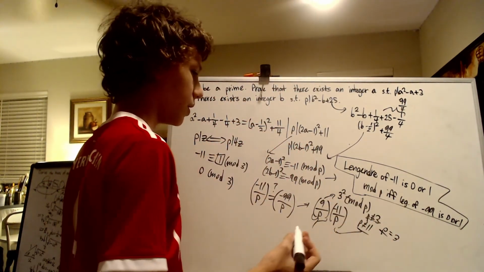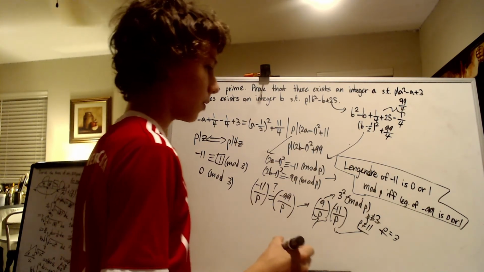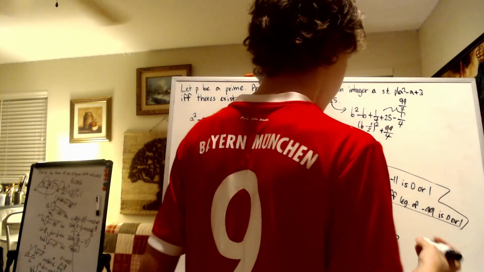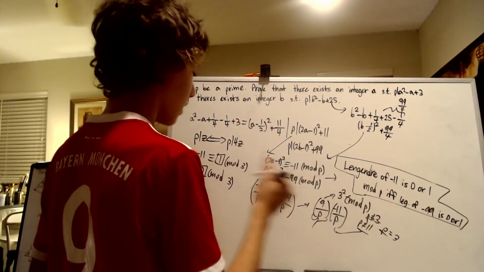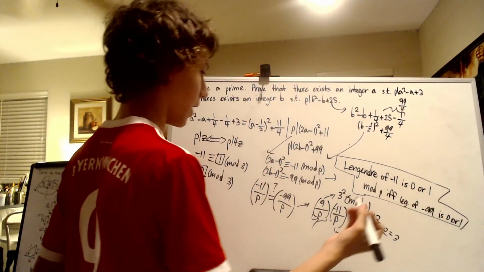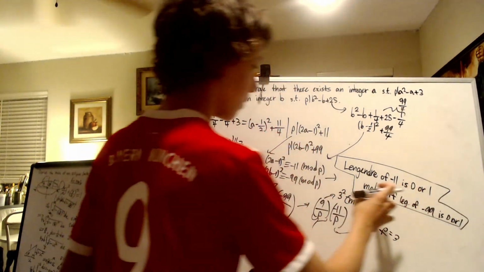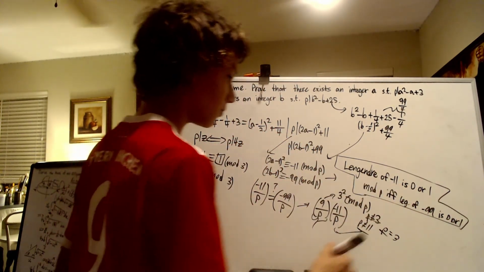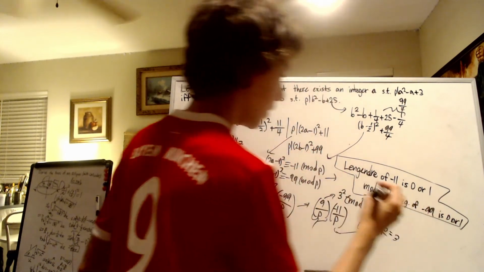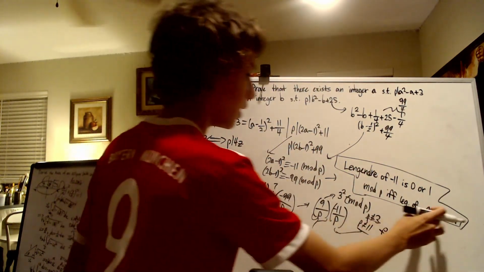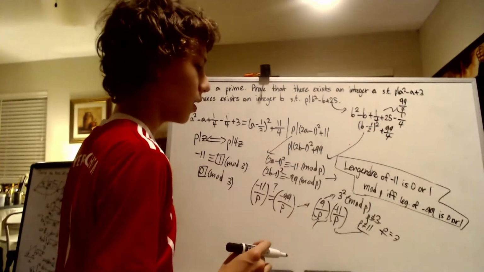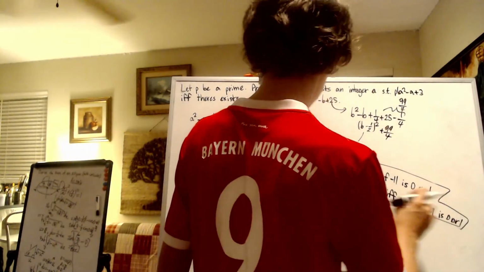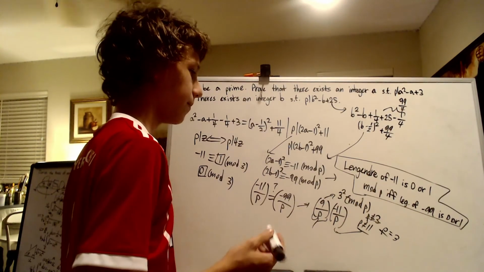if p is 3, then that won't hold, right? So if p is not 3, then it'll be 0, which holds. So that direction is correct, right? But if we look in the other direction, where we have −99 here, notice that that is congruent to 0 mod 3.